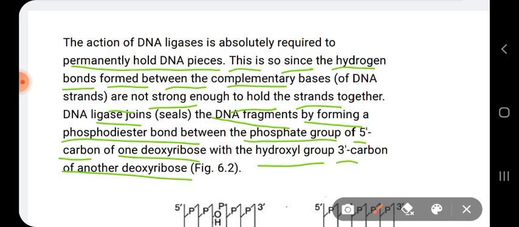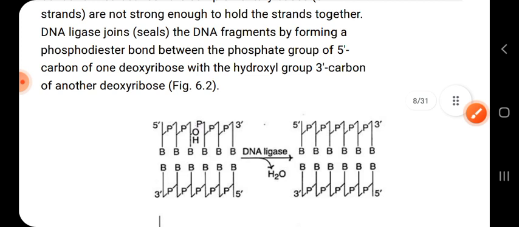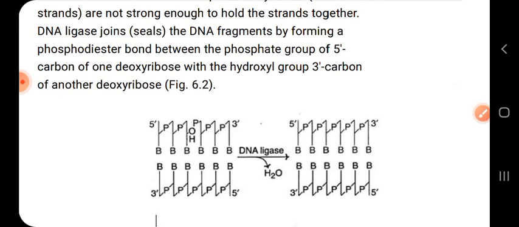That means on one deoxyribose sugar at the 5 prime position there is a phosphate group, and on another deoxyribose sugar at the 3 prime position there is a hydroxyl group. The phosphate group and the hydroxyl group participate in the formation of the phosphodiester bond.